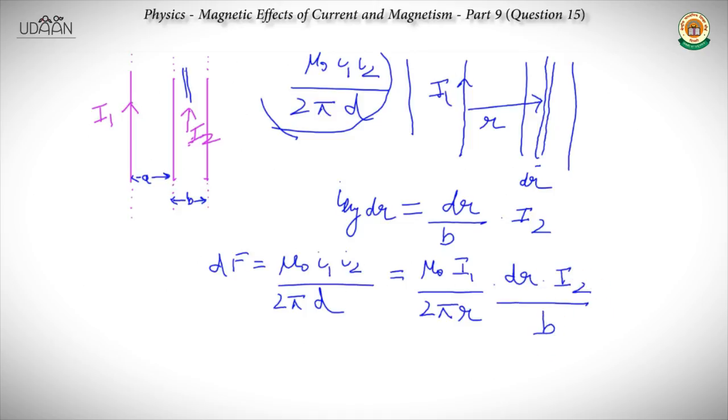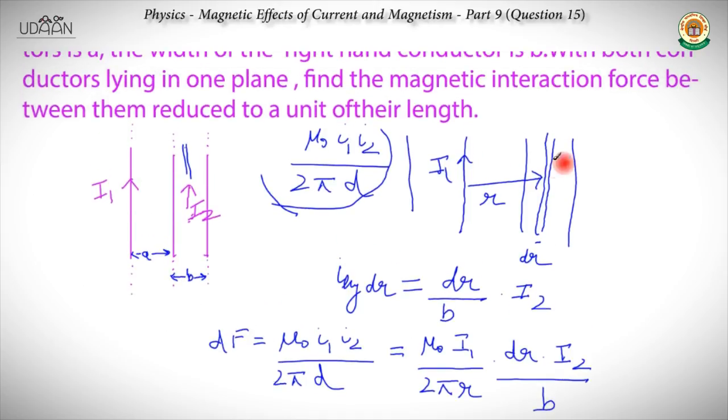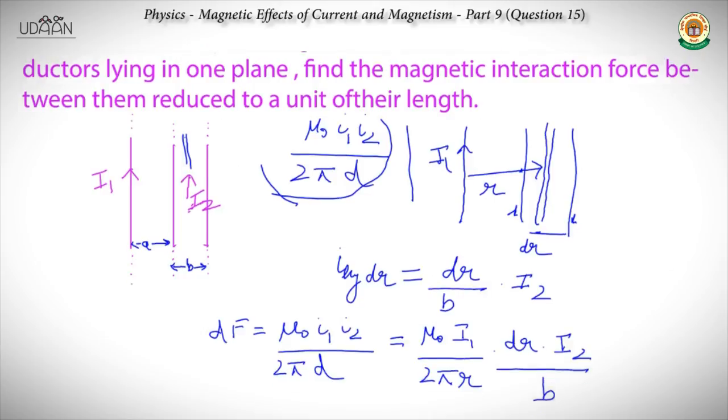Now see, these wires start from here and end till here. So basically the value of r will vary from a to a plus b, since the width is b.